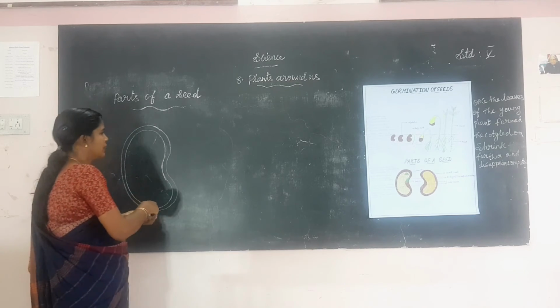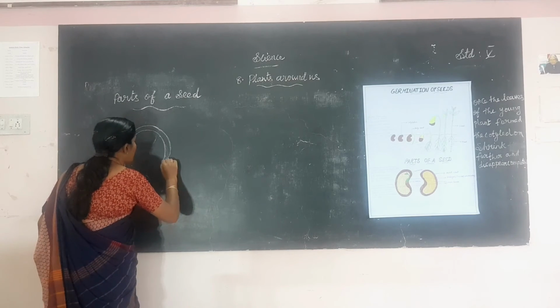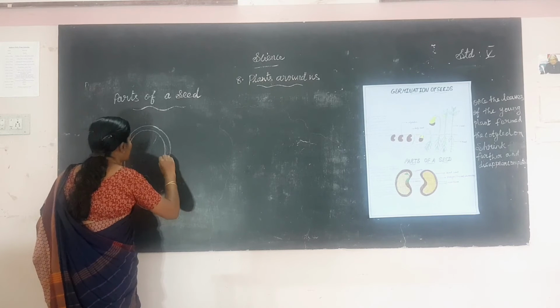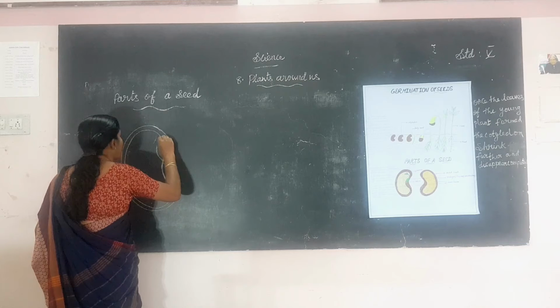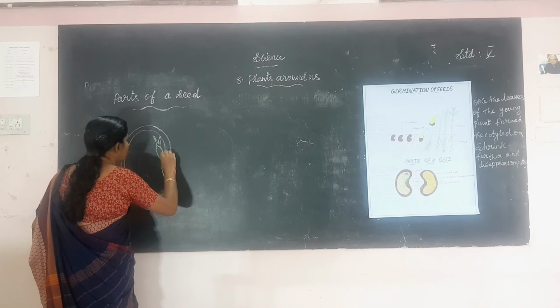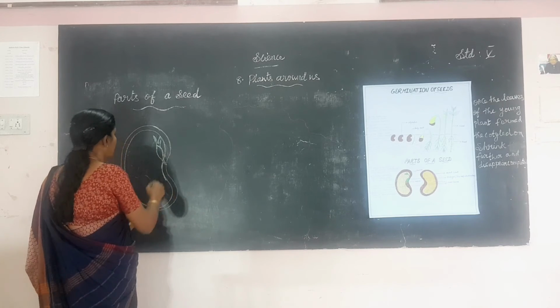Seed coat. Next, come to the small plant, the small embryo. What is this one's name? This one's name is embryo. Embryo is formed. Okay, yeah.